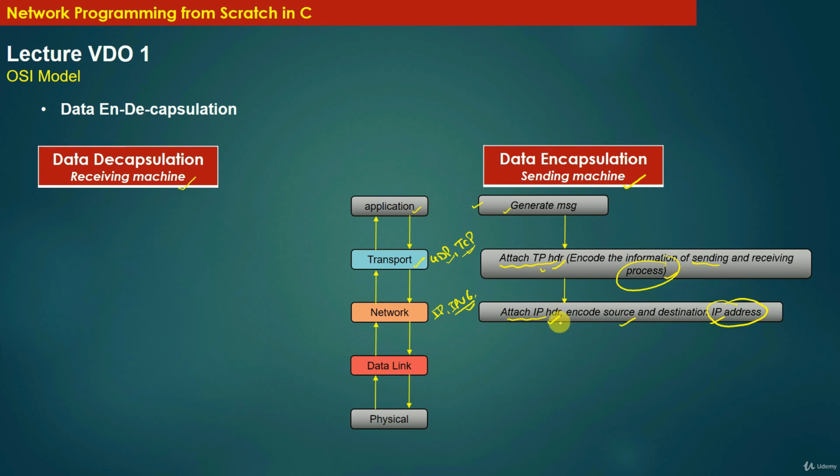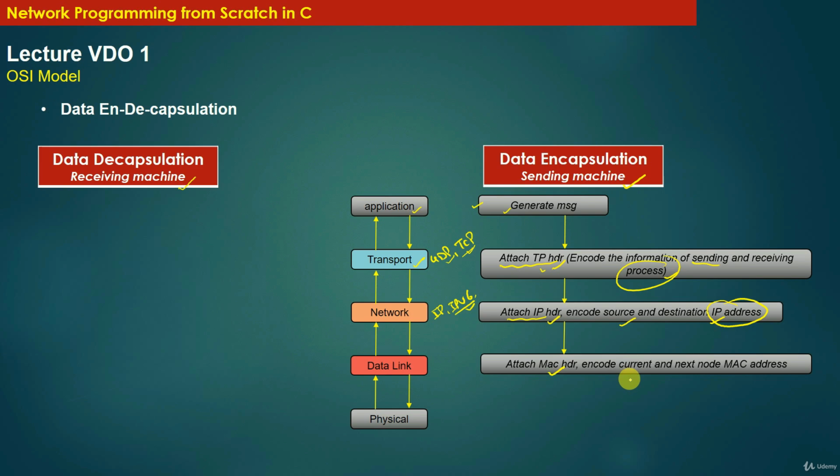Once the network layer attaches its own header, the rest of the message is passed down in the TCP/IP stack to the next layer called the data link layer. The data link layer attaches its own header. We call it the MAC header. And what is that information which is encoded in the MAC header?